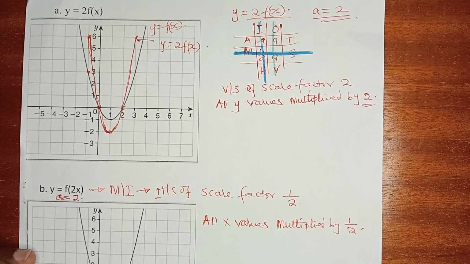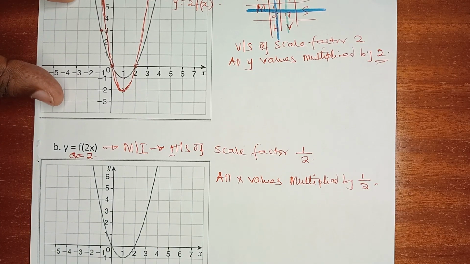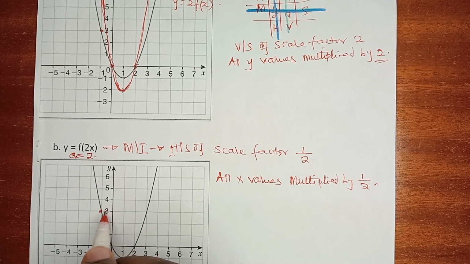Let us now go to the graph. All x values multiplied by a half. Here we are. At this particular point, x is -1. -1 times a half is actually -half.